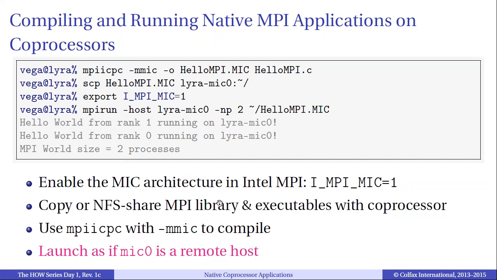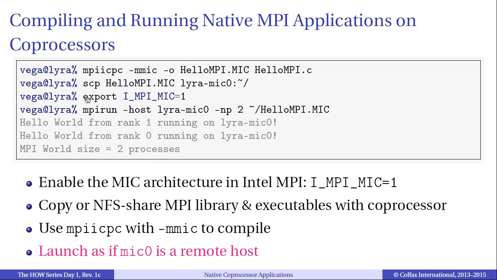When I use MPI with Xeon Phi coprocessors, I have to use the MPI wrapper around the Intel C++ compiler with the argument -mmic to produce a special executable. And then, well, I might need to stage my executable to Xeon Phi.